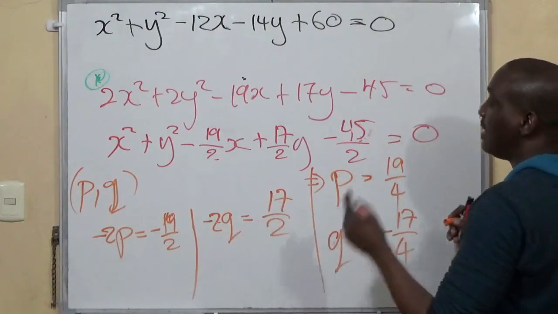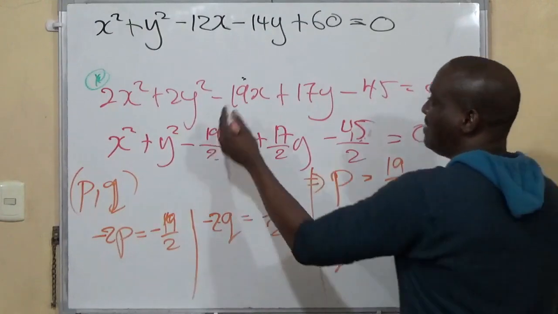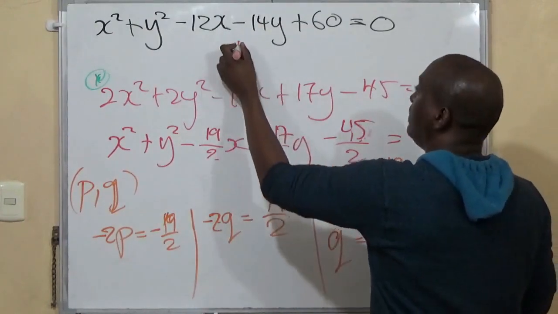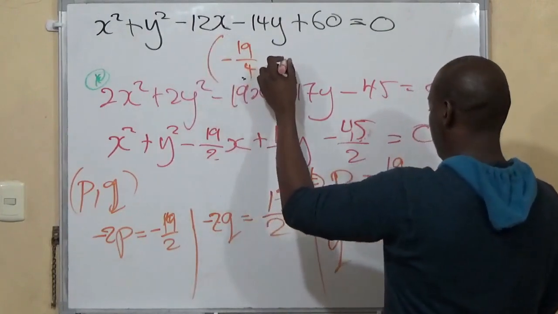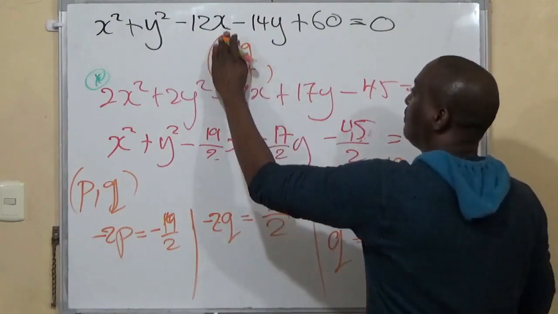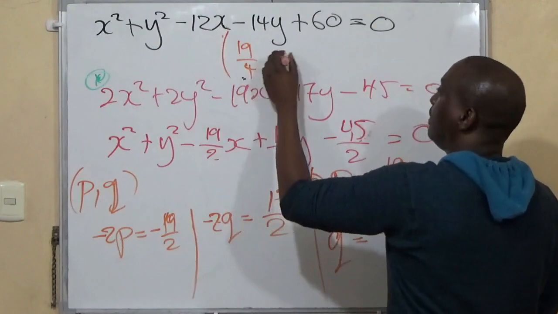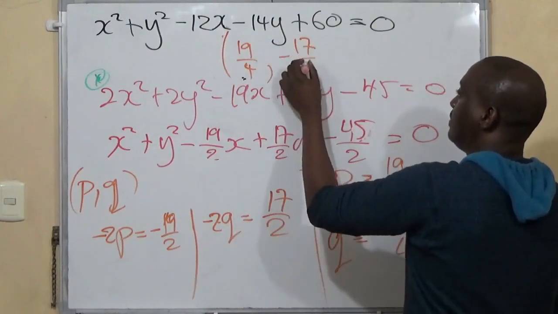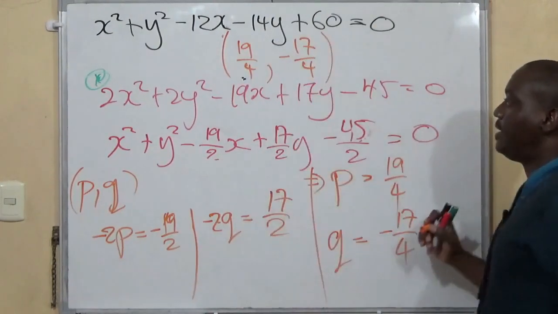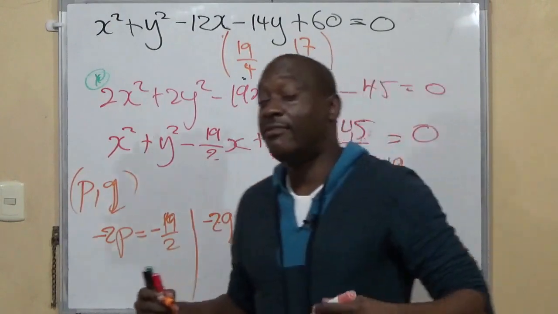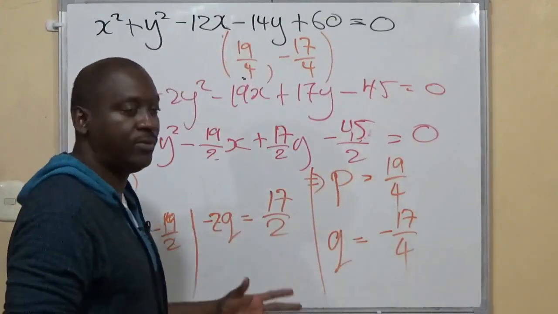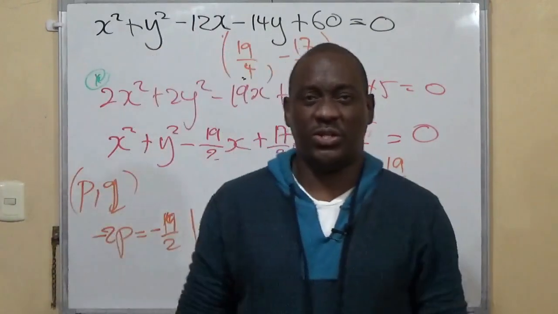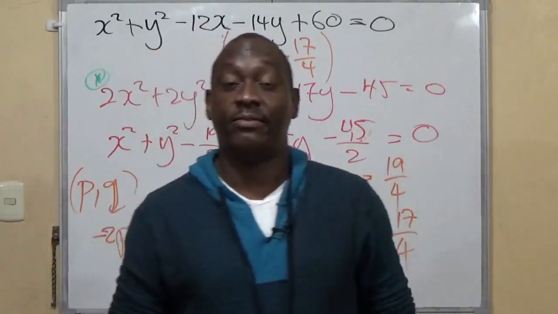So now we can say that the coordinates of the center of this circle in red would be 19 over 4, minus 17 over 4. So in other words, at the level of add maths, do not go in expecting the center to always be 6, 7 or 3, 2 or minus 1, 5.